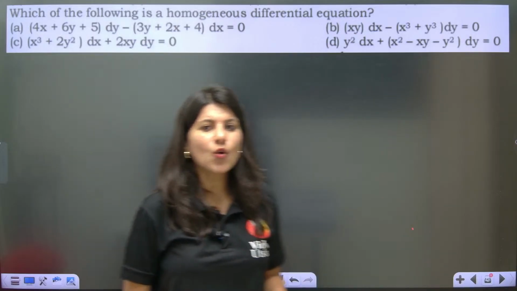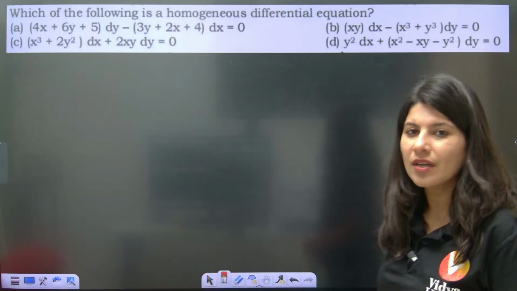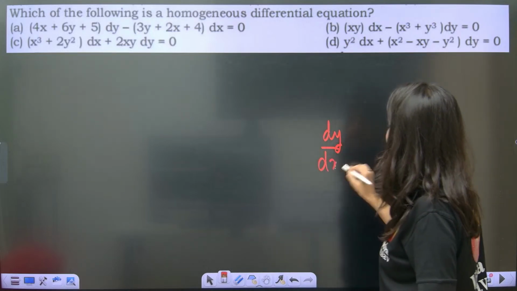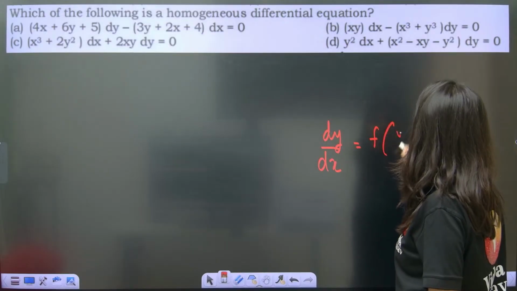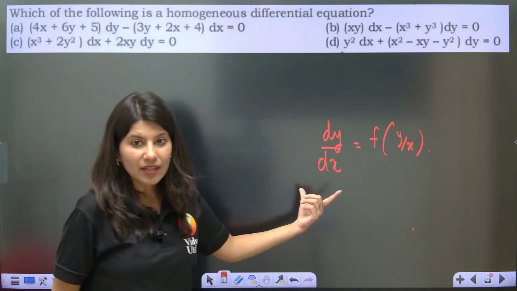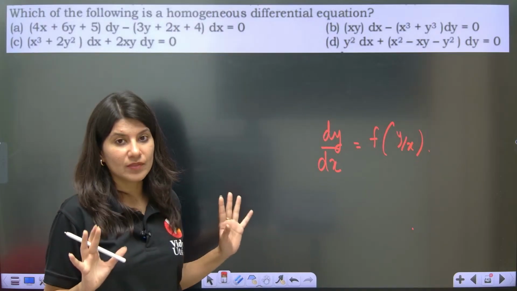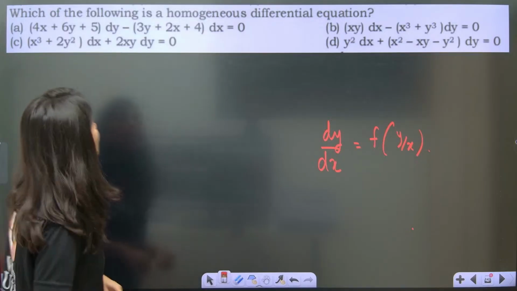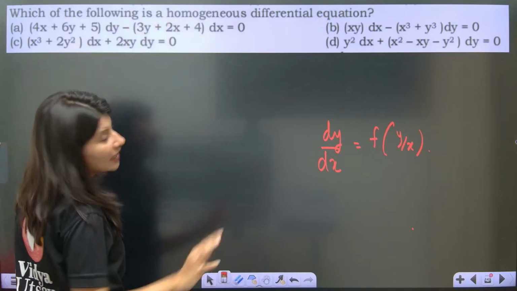Do you know what a homogeneous differential equation is? Any equation which can be expressed in the form dy by dx equals a function of y by x is homogeneous. Try option A, it will not happen.